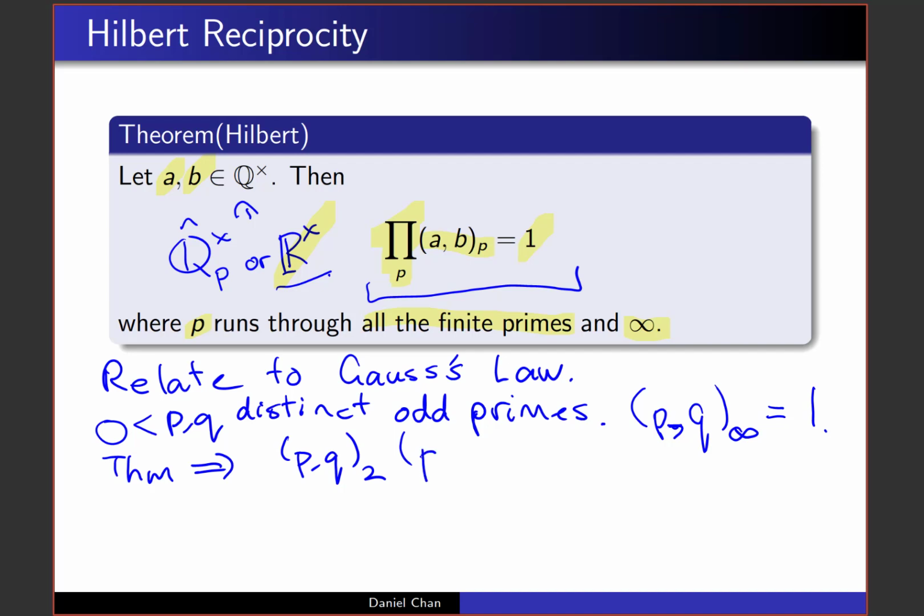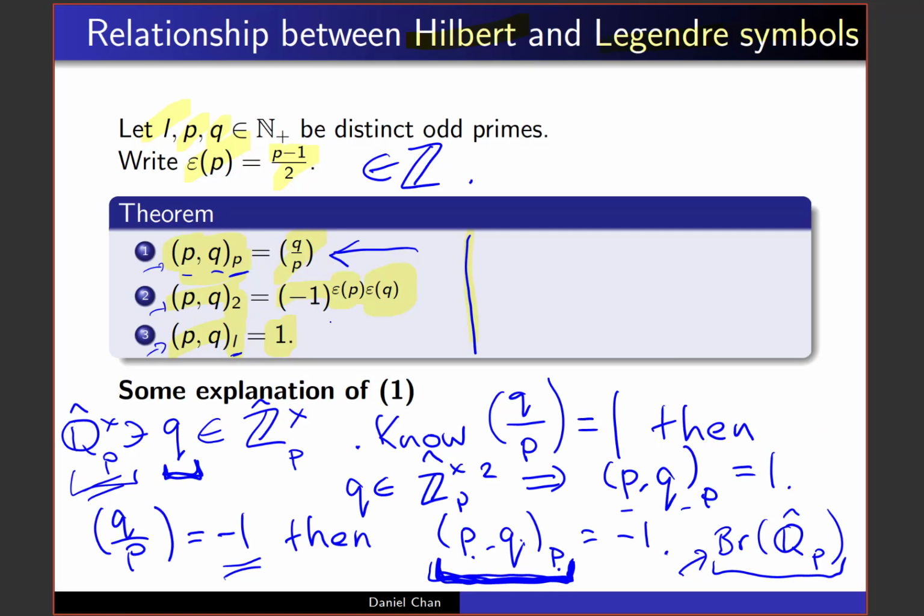Okay, (P, Q) at P, that's another factor in there, and there's (P, Q) at Q that's in there. And the product of these and all the other ones is equal to 1. But all the other ones are for sure equal to 1. So if you have an odd prime which is not P or Q, then those Hilbert symbols are all equal to 1. So this is this part 3 here.